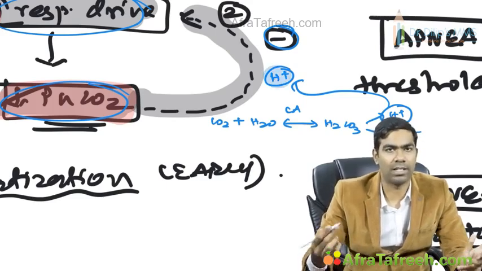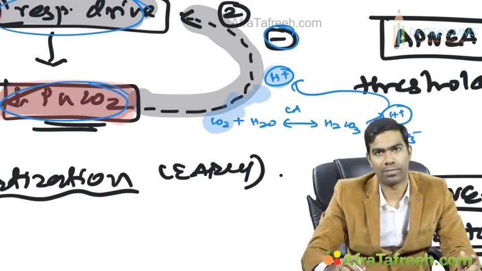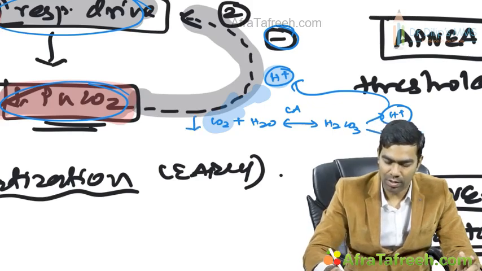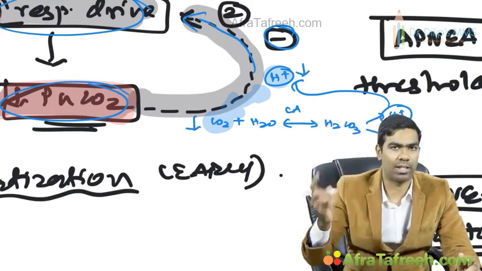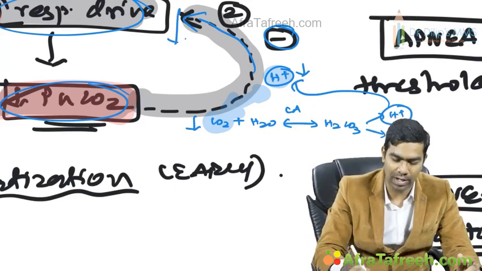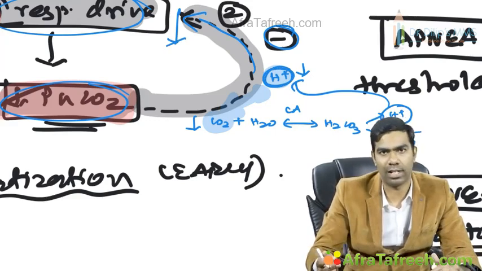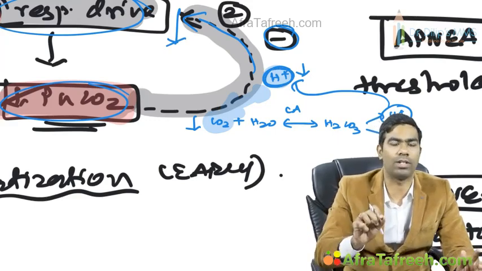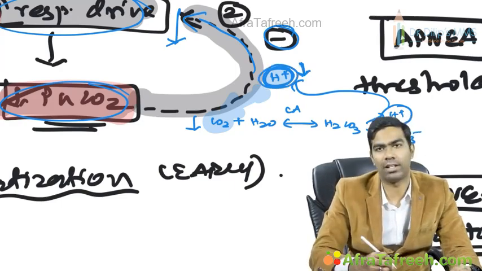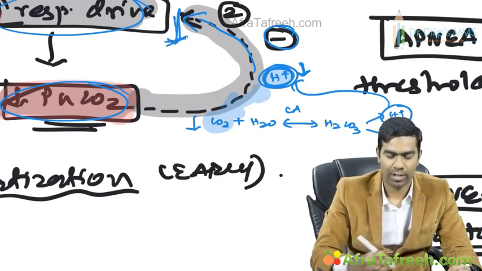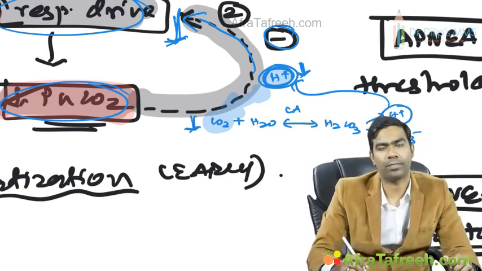That is the magic compound; CO2 is indirectly sensed as H+ only. So whenever the CO2 is low, this H+ is low, and this H+ is sensed by the central chemoreceptors, and that is what reduces the respiratory drive. So the actual molecule that is sensed in place of CO2 is H+. This H+ reduction is what reduces the respiratory drive in the brain, and it is due to the low CO2 in the blood.